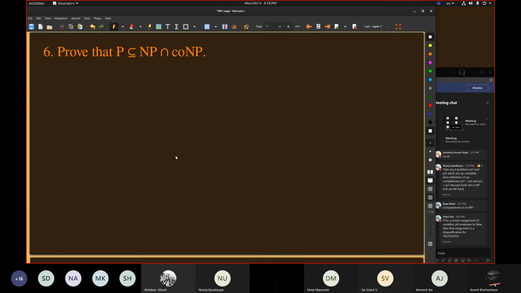Here also I will give you a short hint. P is in NP. Why? Because I can take a null certificate, which is definitely a succinct certificate. If the problem is already in P, we know how to solve it in polynomial time. We actually do not require any certificate to solve it and determine.